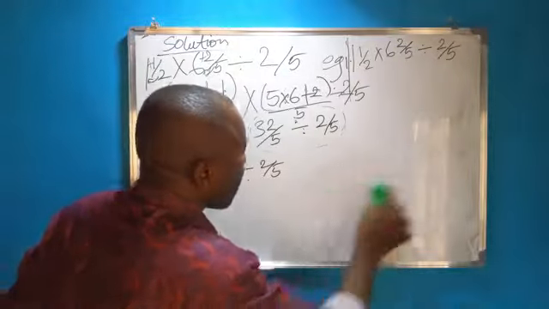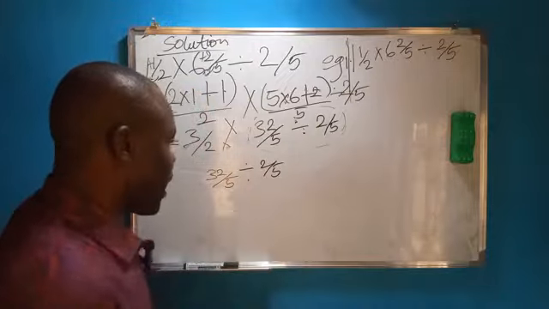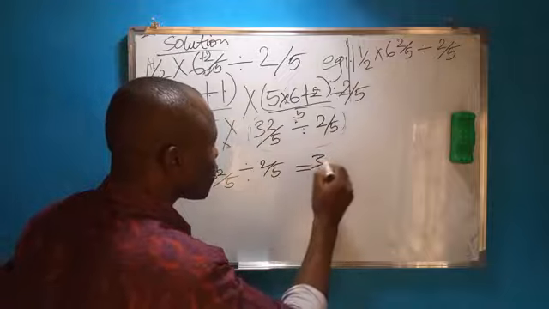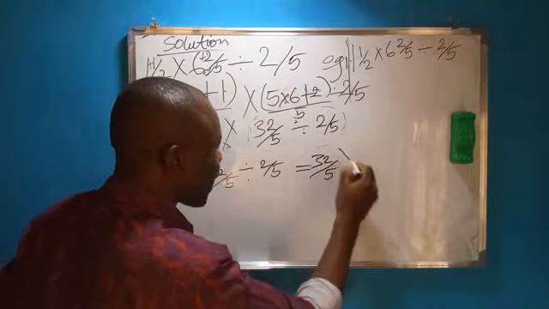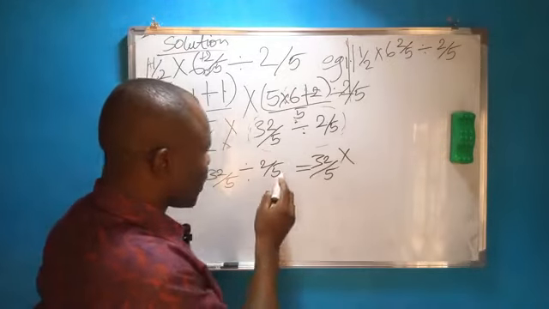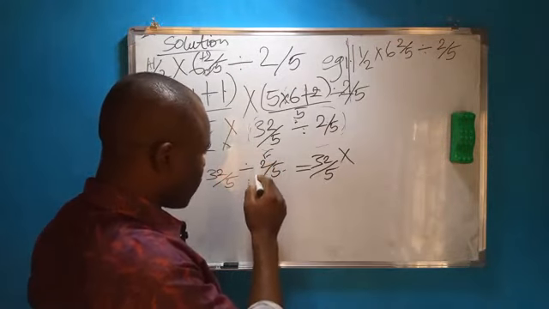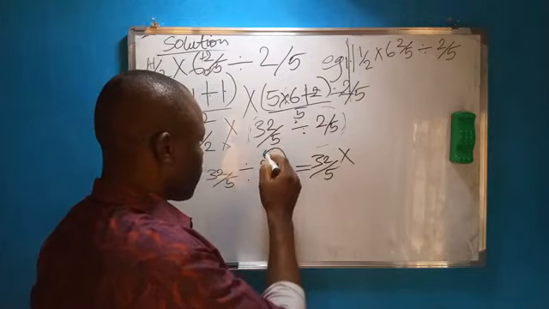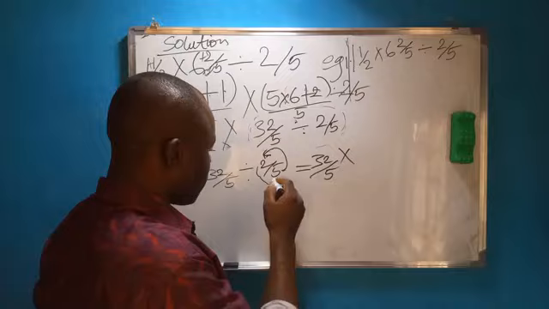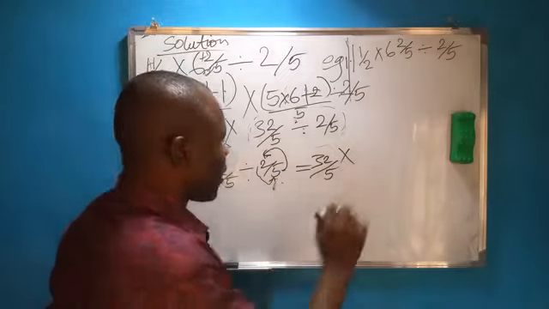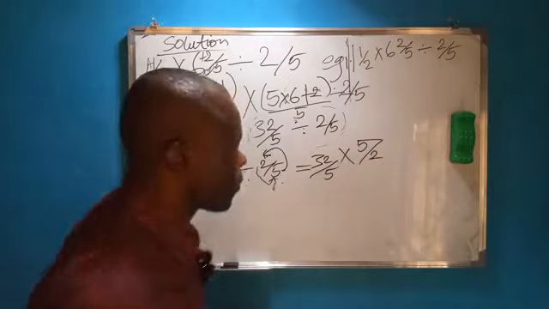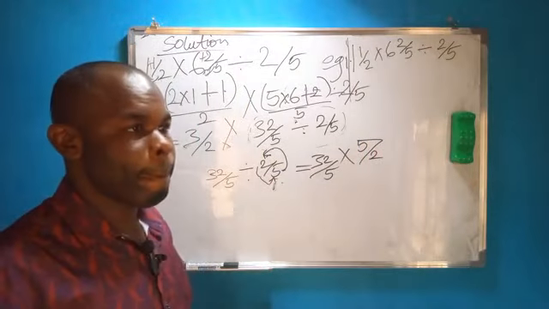So now, applying that rule here, what we have is equal to 32 all over 5 times, this will now become the numerator and this becomes the denominator. This one becomes the numerator, while this becomes the denominator. You see the thing now? So that we now have 5 over 2. That is it.